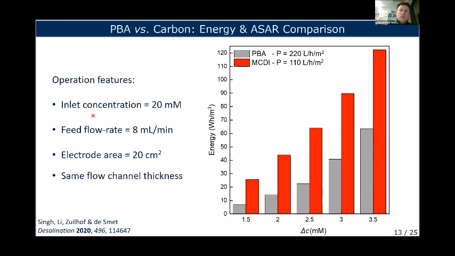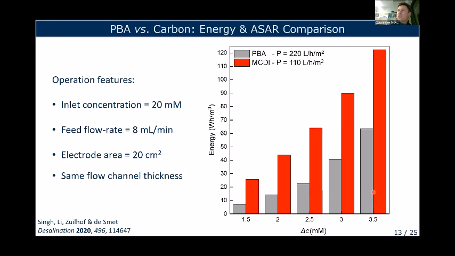And we kept as much as possible identical between the two sets of experiments, but using the two different types of electrodes. So fixed inlet concentration, fixed flow rate, as well as the electrode area, which was constant, and also the flow channel thickness.